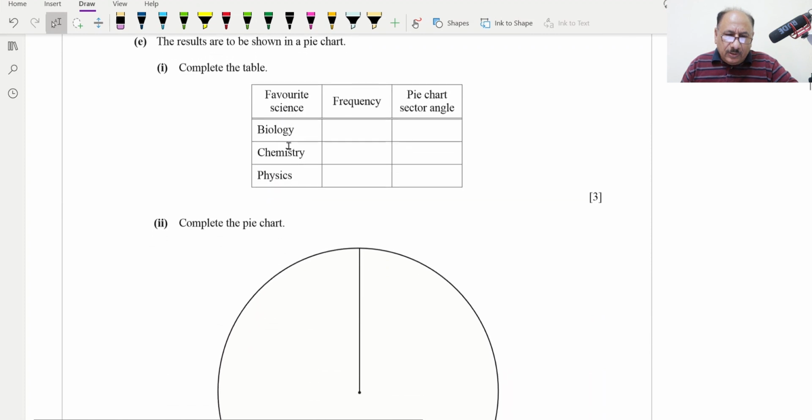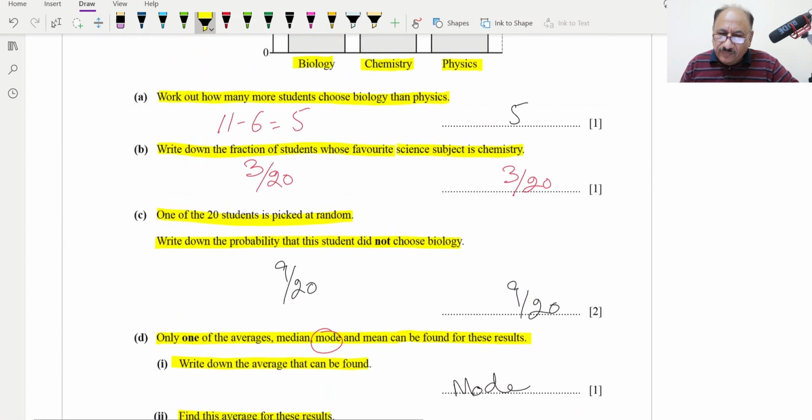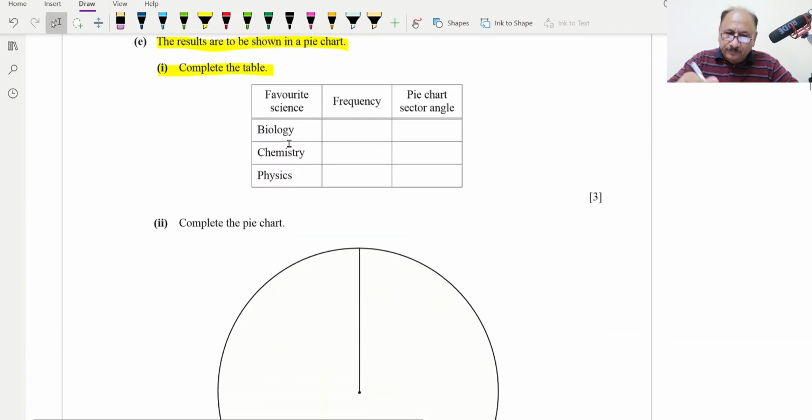Now E part, the results are to be shown in a pie chart. Complete the table. So first of all we have to complete the table, and the frequencies for bio, chemistry and physics are 11, 3 and 6, so we can fill the table. Now we have to convert into a pie chart.